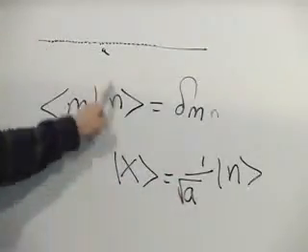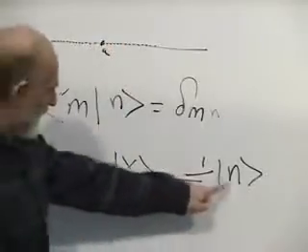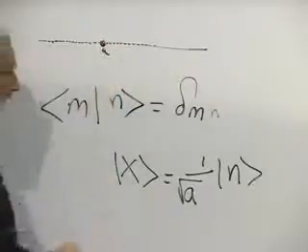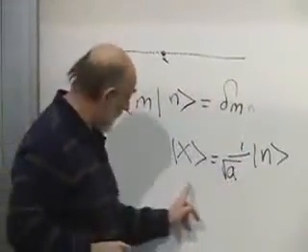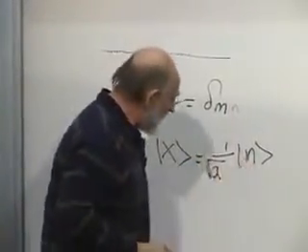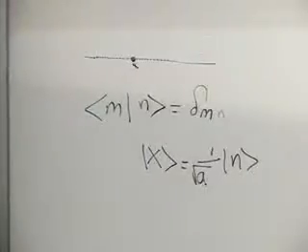This x can be identified with n. It's simply the coordinate position of the point located n units down the line. The vector x is 1 over the square root of a times n. That's the official definition, the way things are set up.